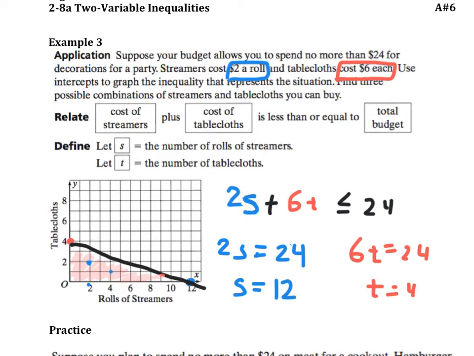I can buy 4 streamers and 1 tablecloth. I can buy 6 streamers and 1 tablecloth. So there are not quite an infinite number. We are limited because we can't buy partial rolls and we can't buy partial tablecloths. So we're just focusing on where everything intersects there.